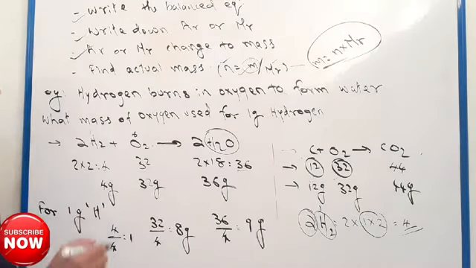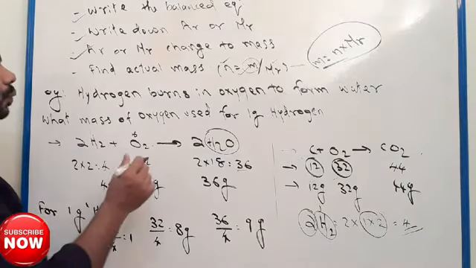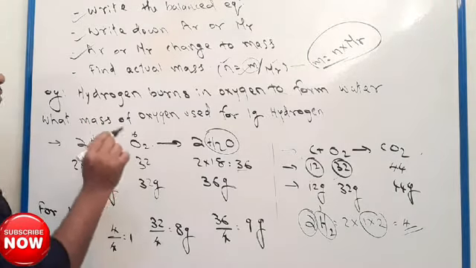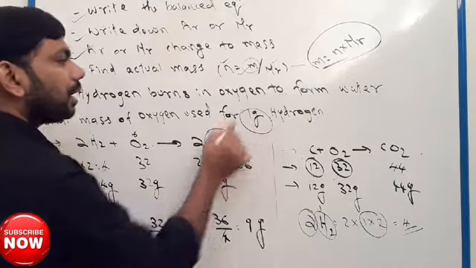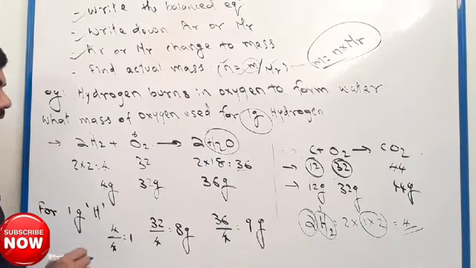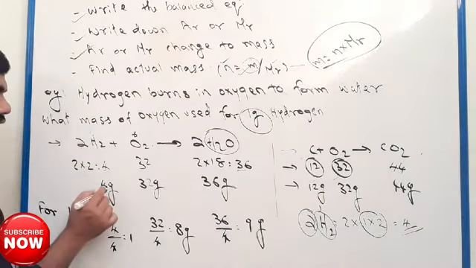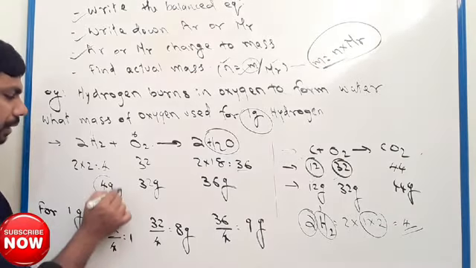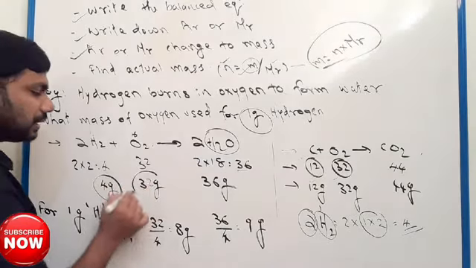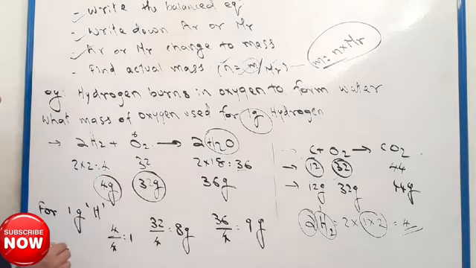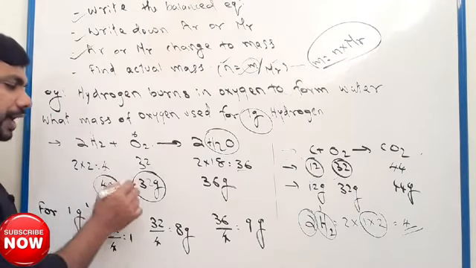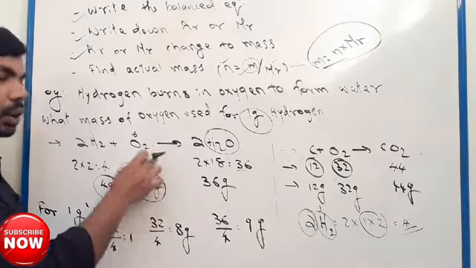Now look here, the question asks what mass of oxygen reacts with 1 gram of hydrogen. Using this you can see 4 gram hydrogen reacts with 32 gram oxygen.